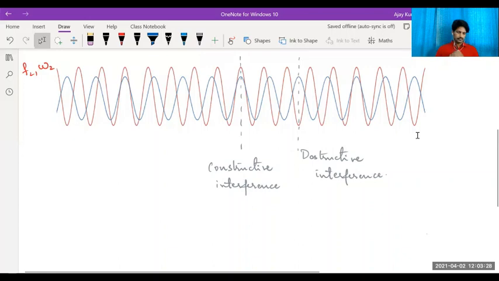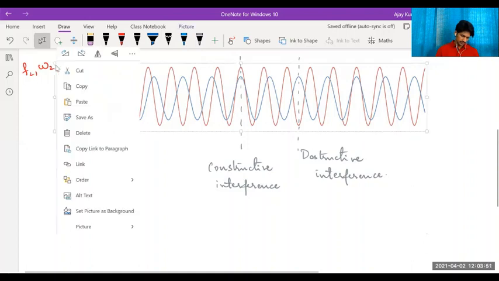So if two waves whose frequencies are not equal are superposed, you get a resultant wave like this, whose amplitude keeps changing from time to time when that resultant wave arrives at a particular point. We can even look at the waveform of the resultant wave.